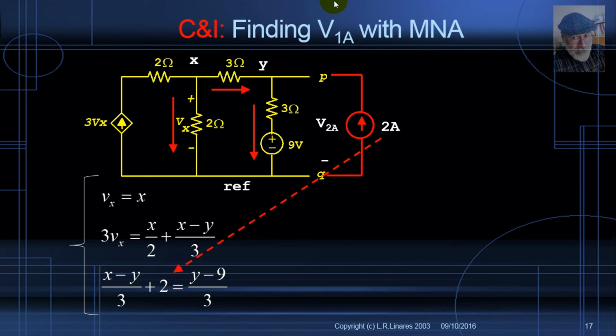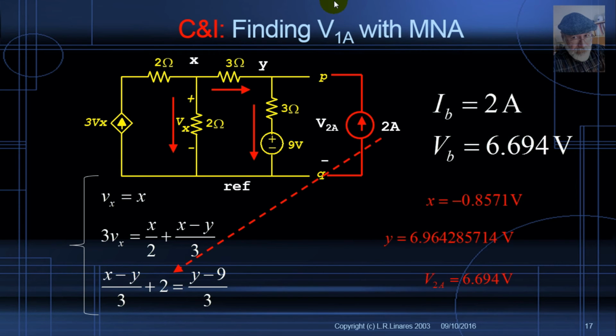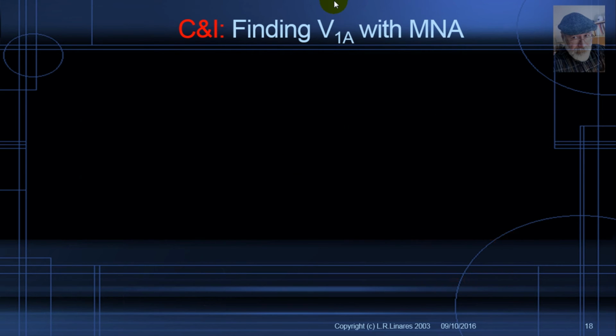Current entering node Y, the second node. Solve and find that the voltage that appears in the 2 amps current source is 6.694 volts. That is Vb. Ib 2 amps, Vb 6.694. We have now 2 equations and 2 unknowns.